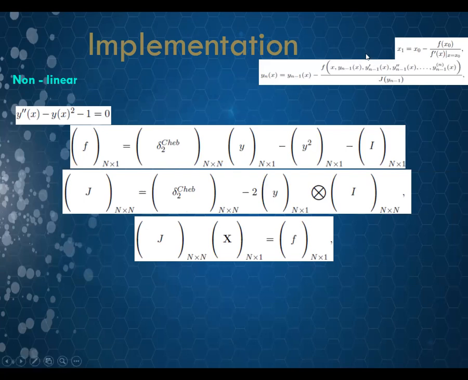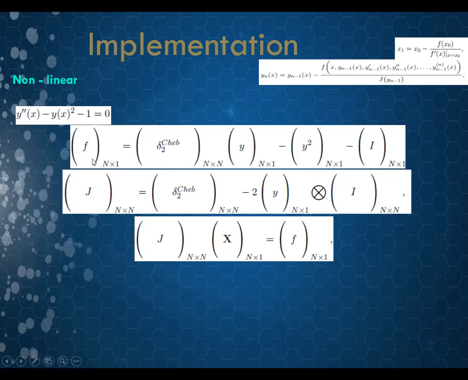As you know, by Newton-Raphson iteration, we can find the root of a nonlinear function in this form, and iterate this. And we can apply it to this differential equation, for example, y_n equals y_(n-1) minus f over the Jacobian.